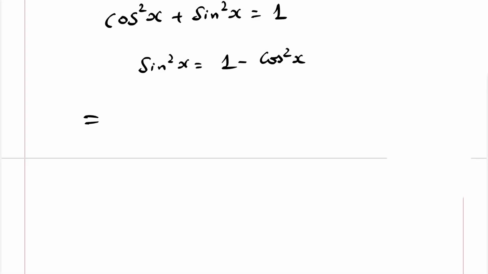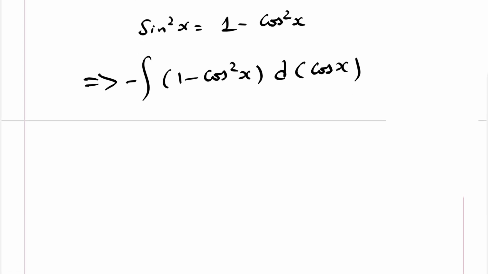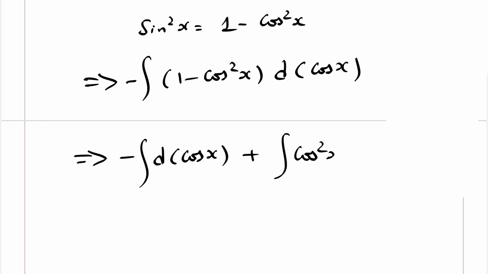Therefore, our integrand is 1 minus cos square x d of cos x, and the negative symbol over here. So just distribute this differential all over: minus integral d of cos x plus integral cos square x d of cos x.